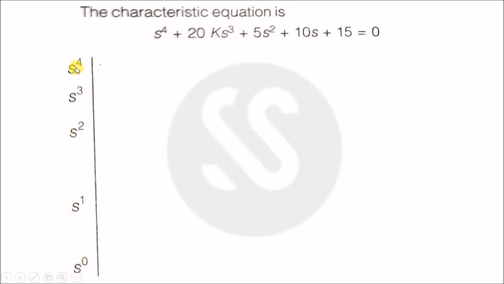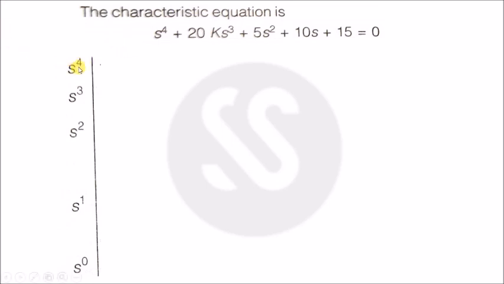We also studied that the first row and the second row can be written directly from the equation. But once we write row 1 and row 2, we don't have any remaining terms from the equation, so we need to use formulae to find the remaining row elements.